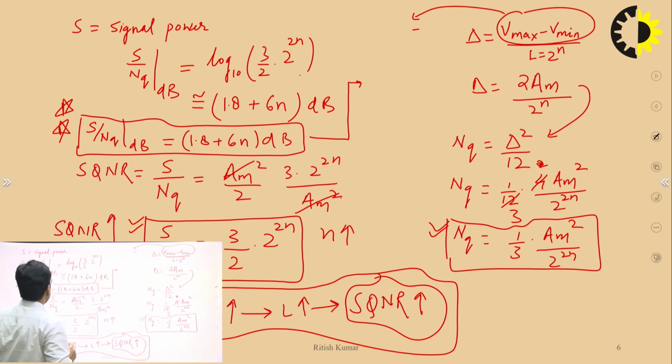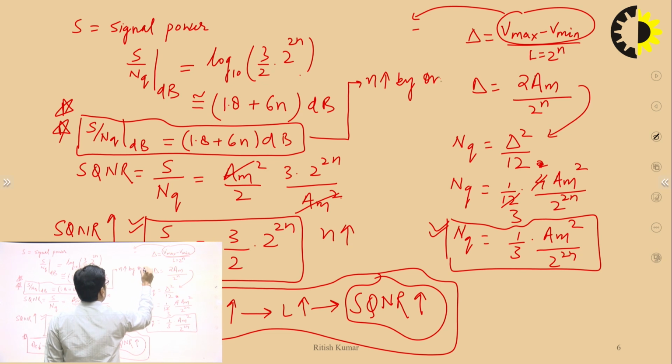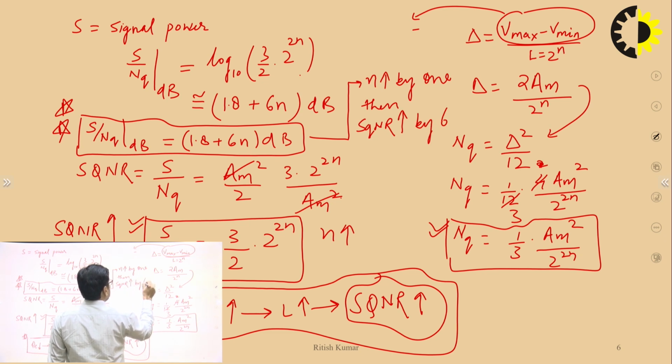So in general we can say, if you increase the number of bits by 1, then SQNR increases by 6 dB.